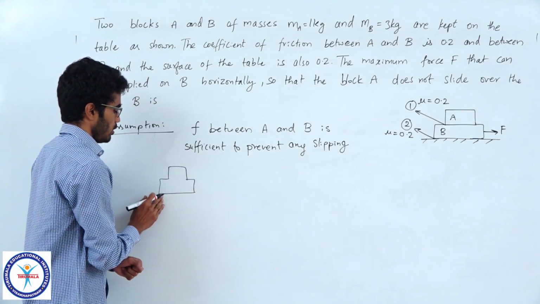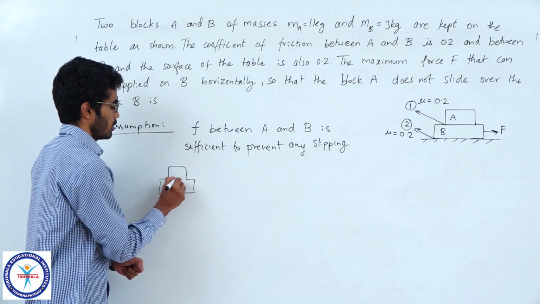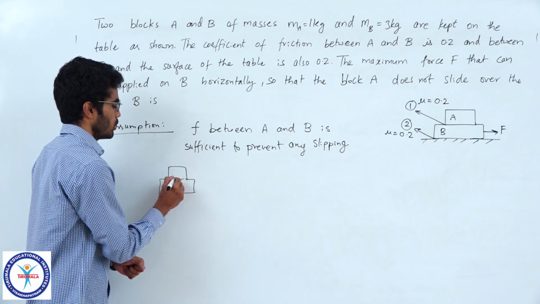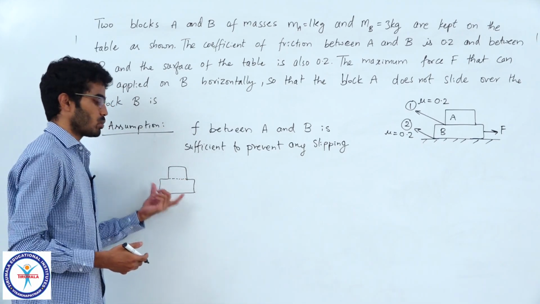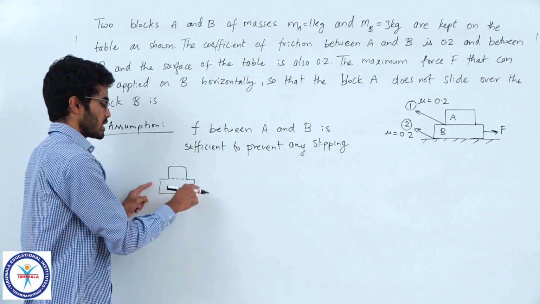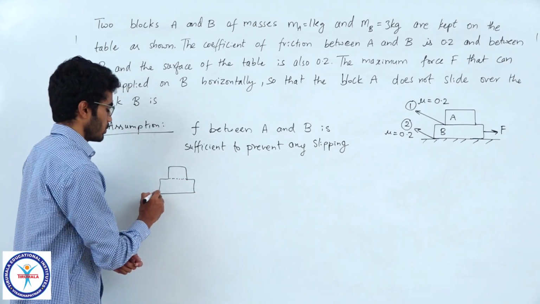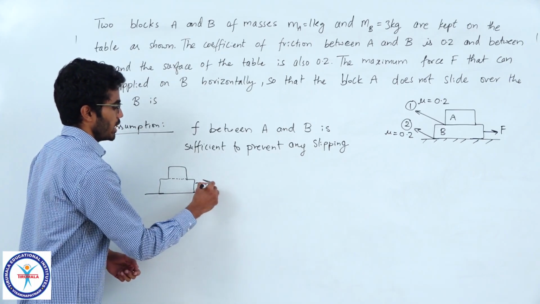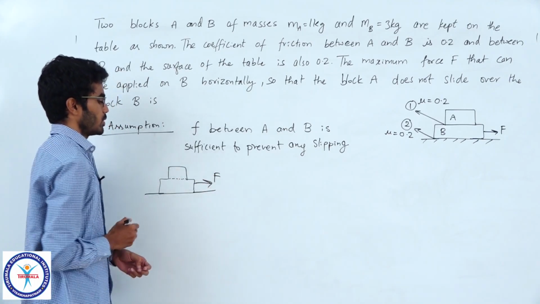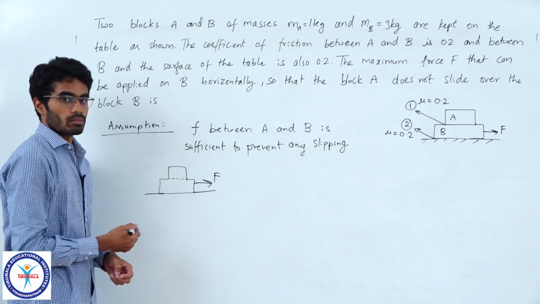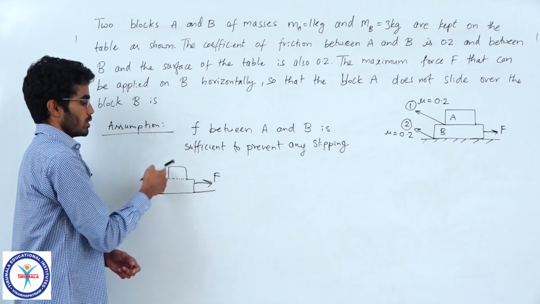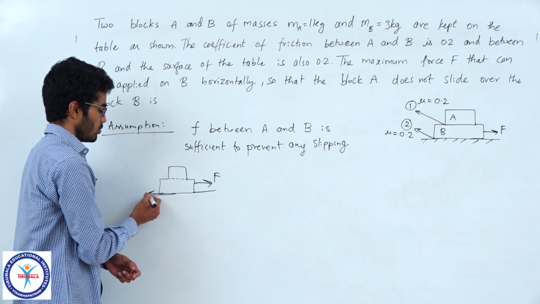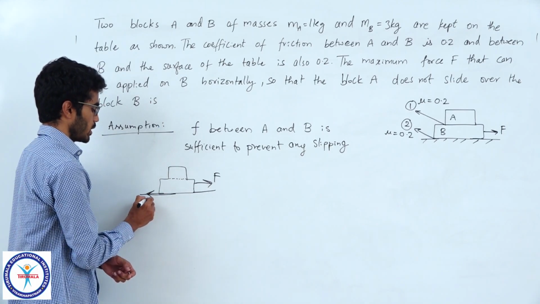Now, I will use a dotted line here. They are two independent blocks, but because they are moving together, I will identify this entire thing as one system. They have the same acceleration. Now, the force applied is capital F. In order to move this system, this force should exceed the friction which is obtained from the ground.